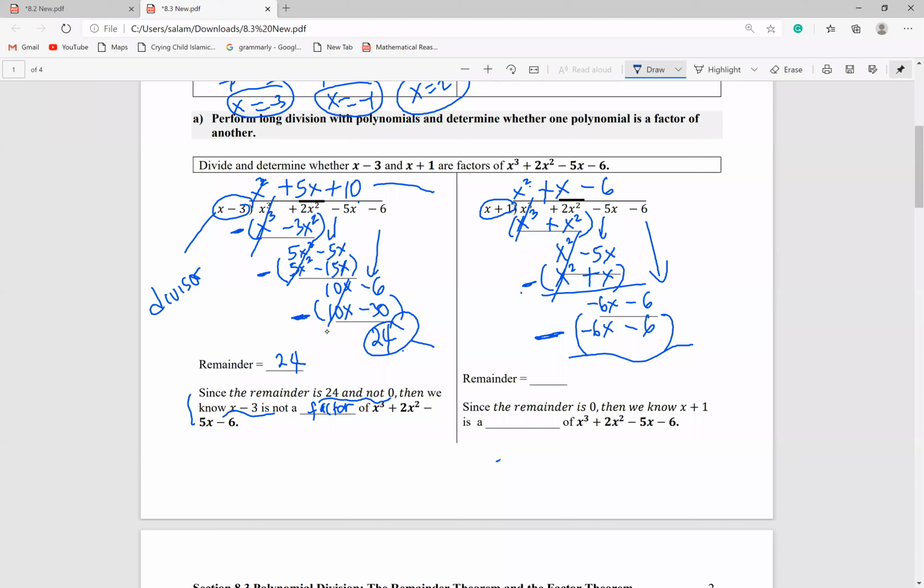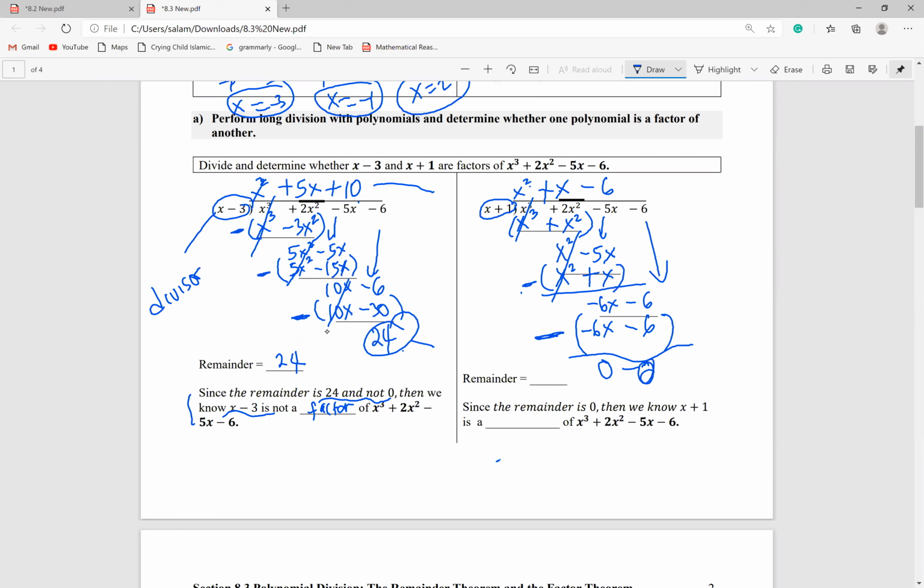We're going to have negative 6x, so this is negative times negative, that's plus 6x. So negative 6x plus 6x is 0. Then we have negative 6, negative times negative, that's plus. So negative 6 plus 6, that's 0. So you can see that 0 minus 0 is just 0.